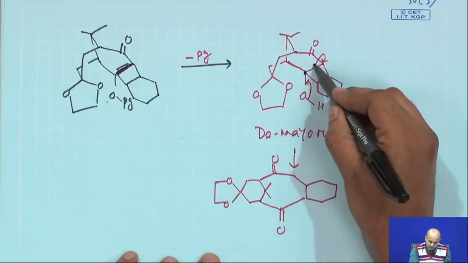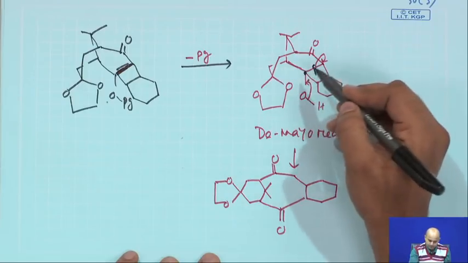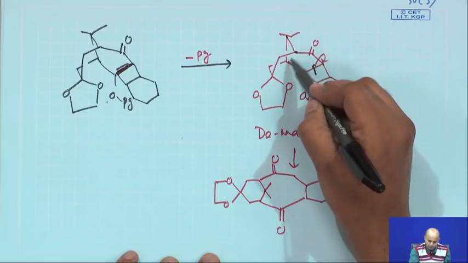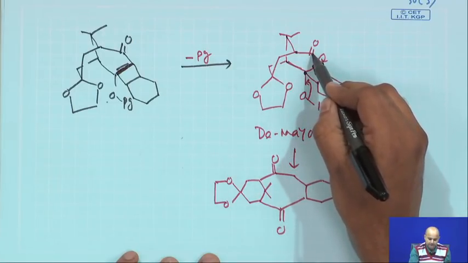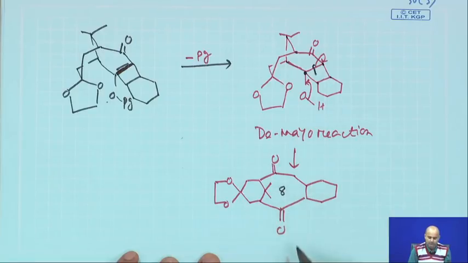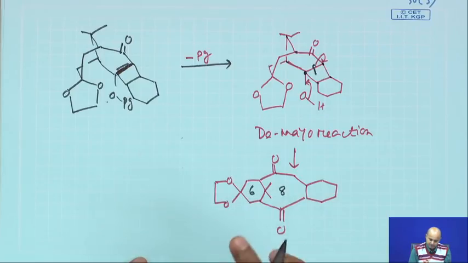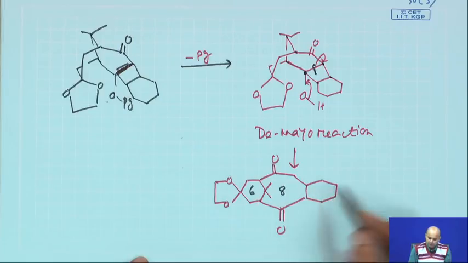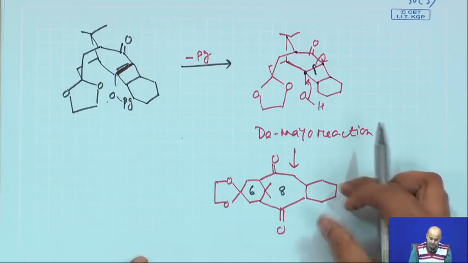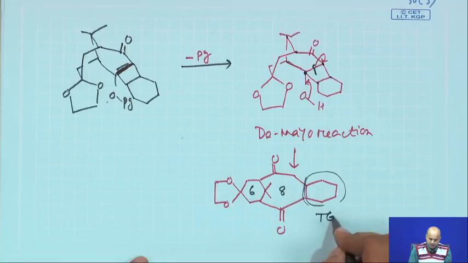So, the only thing is you clip this bond, and then you count. So, 1, 2, 3, 4, 5, 6, 7, 8. So, the central 8 member ring was now made. This 6 remains in the molecule from the very beginning, and this other 6 is the cyclohexene part, this also remains. So, this is your target molecule.